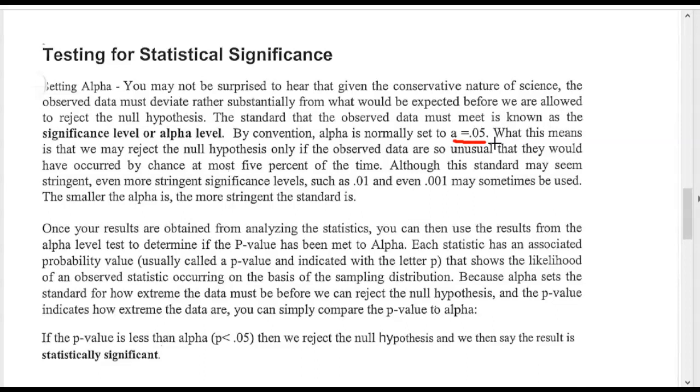I want to be even more sure than that. I want to leave less than 5% room for error. I could think of plenty of examples when a researcher would want to have no more than 1% room for error, 99% certainty at least, or 0.001, 99.9% certain, no more than 0.1% room for error.